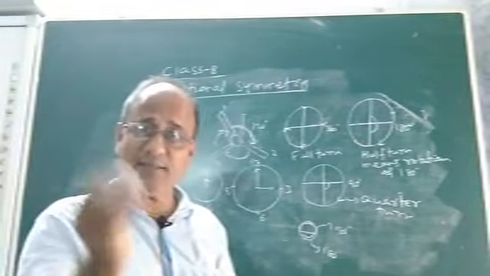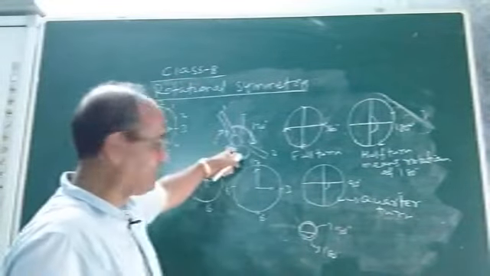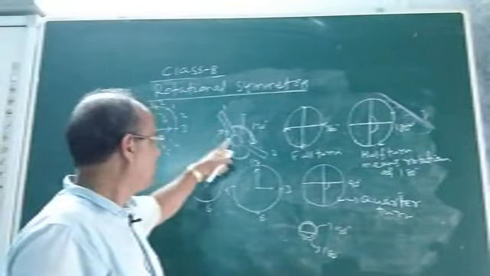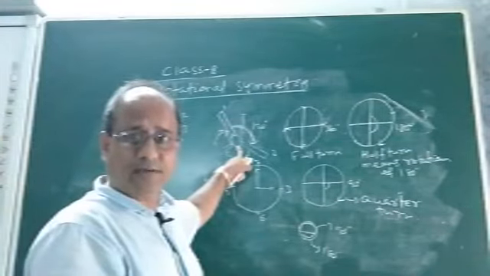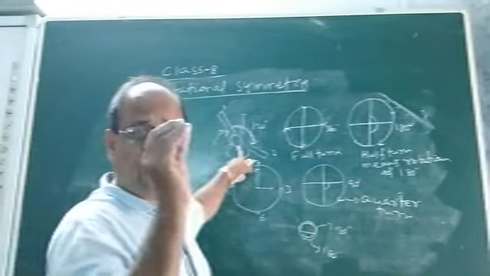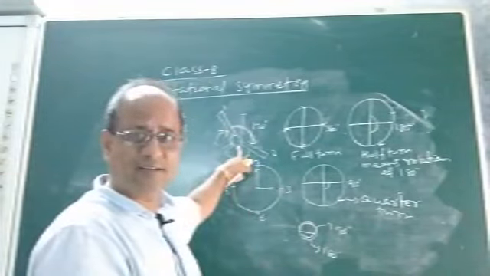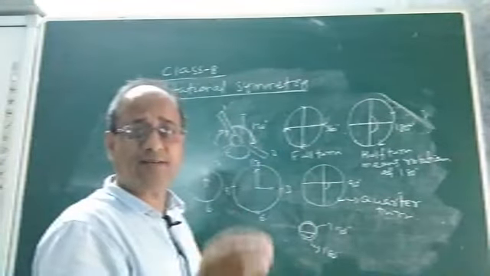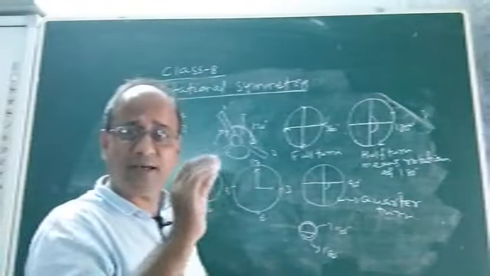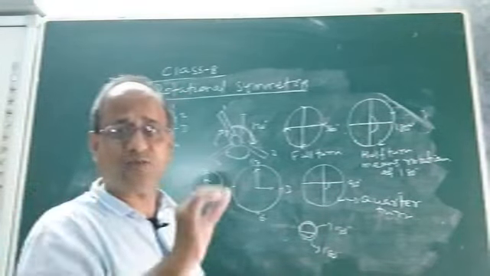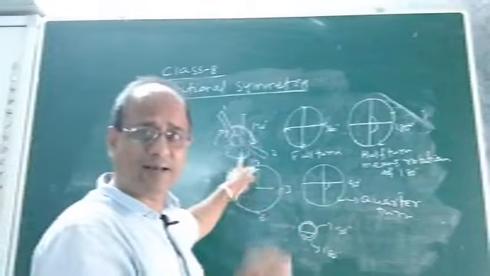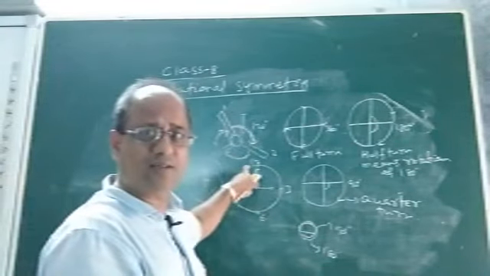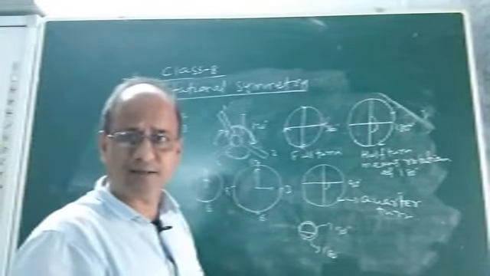But if on rotating an object through an angle less than 360 degrees, the object remains the same, there is no change in shape and size, then we say that the object has rotational symmetry.